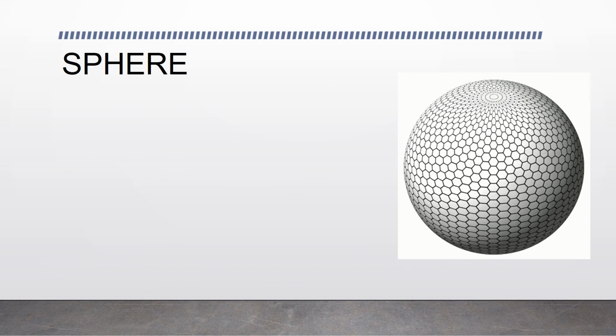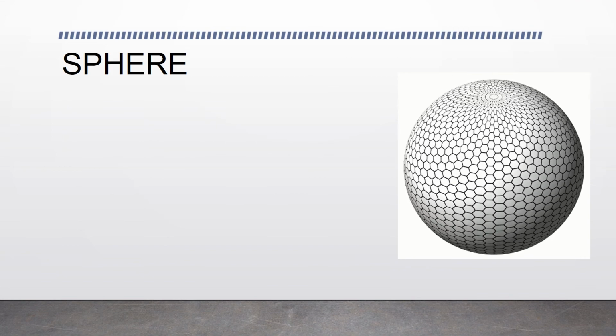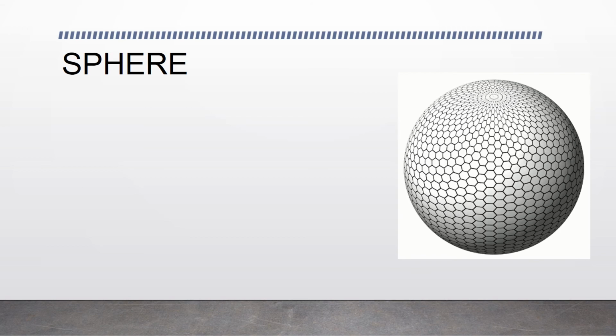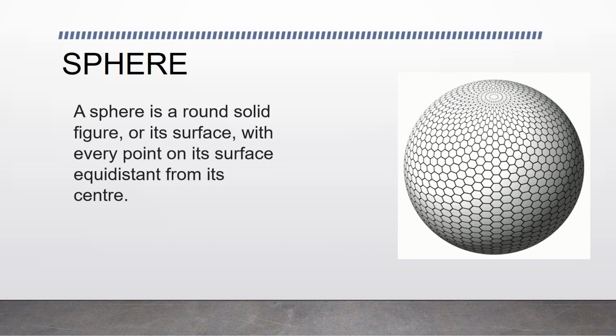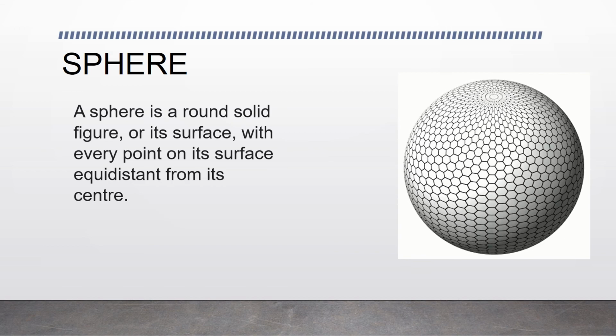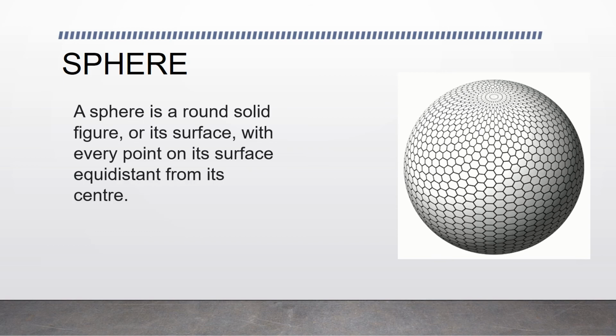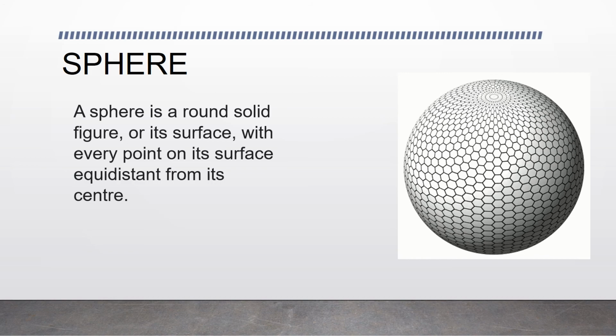Okay, we are now on to a sphere. A sphere is a round solid figure, or its surface, with every point on its surface equidistant from its center.